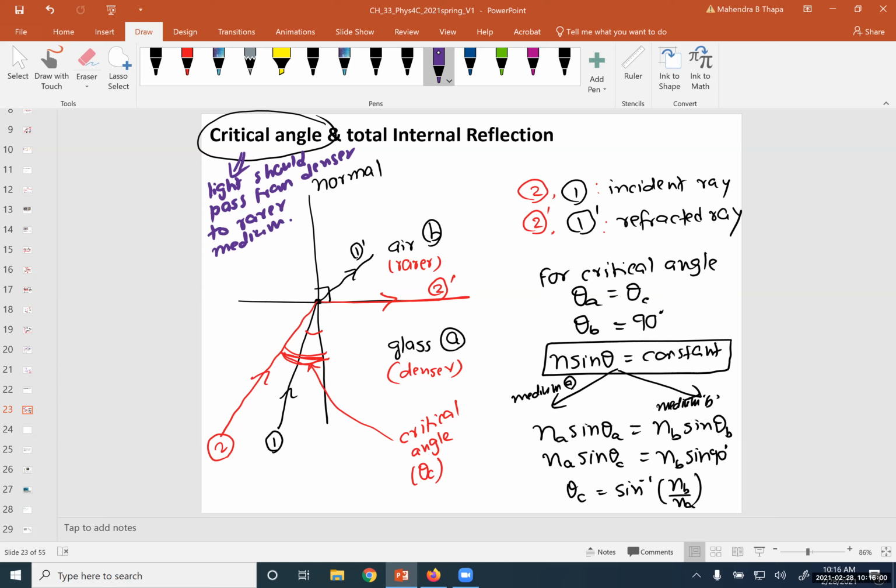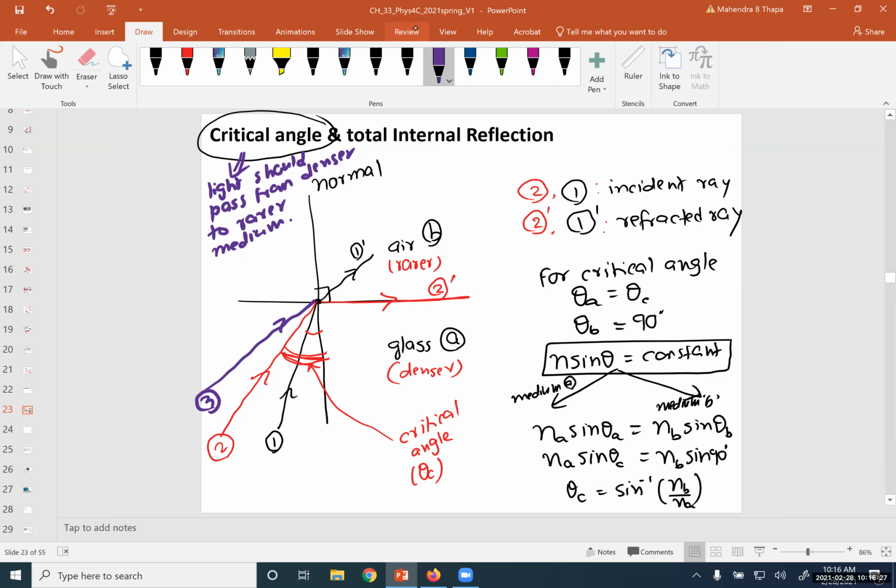Now the question is, what will happen if we increase beyond this critical angle? Okay, so if we increase beyond the critical angle, say I have the incident ray 3, now the phenomenon called total internal reflection happens.